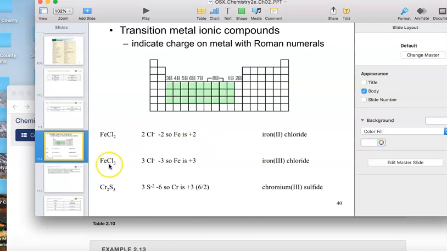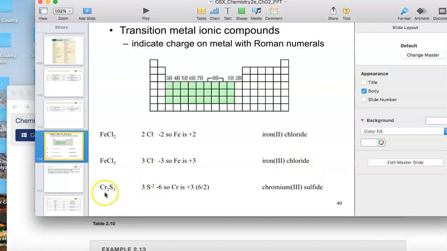So for iron 3 chloride, it's iron 3 because, again, chlorine, each atom has -1 charge. Overall, 3 times -1 is -3. So iron has to be +3 because there's one iron atom here. And so the name for FeCl3 would be iron 3 chloride.